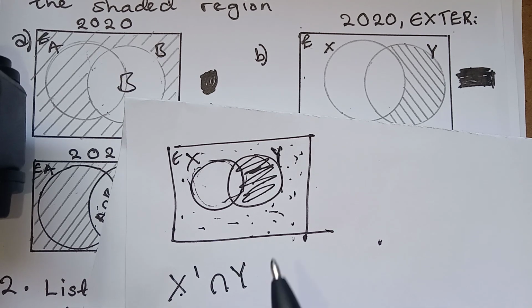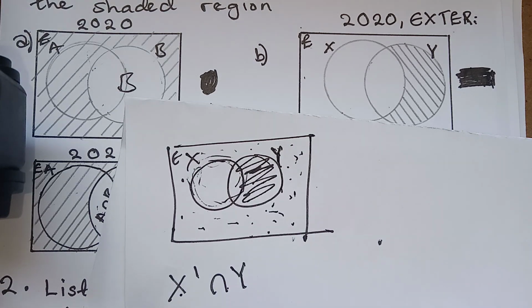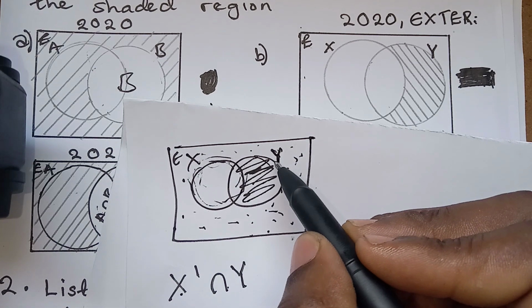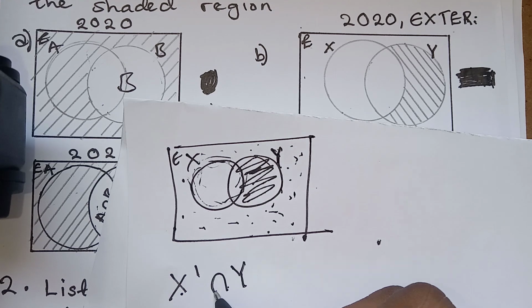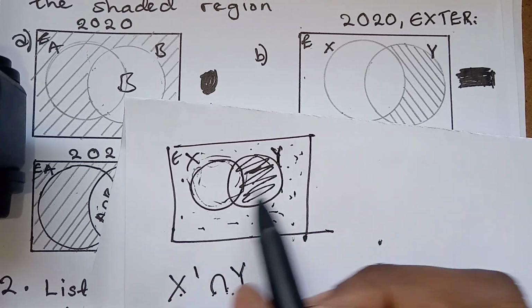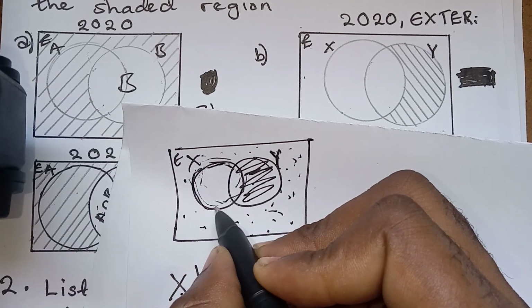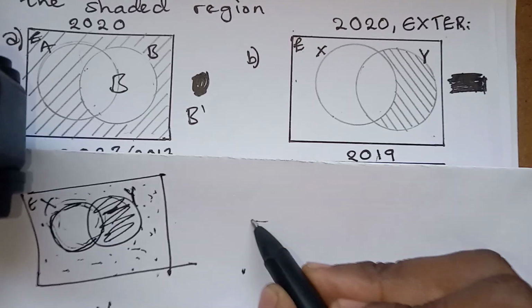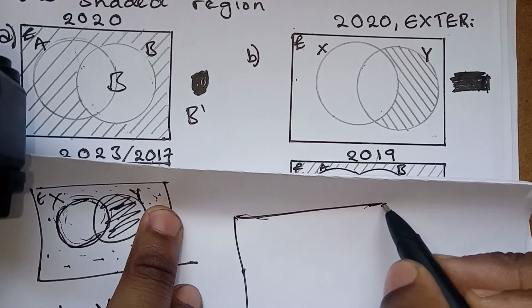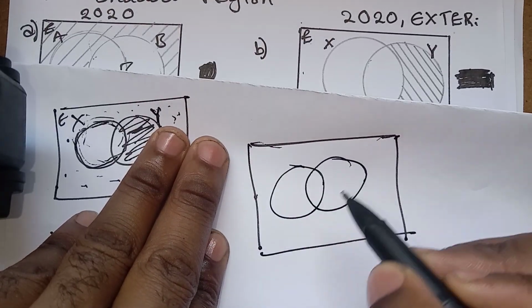In other words, you have all the elements outside X intersecting with all the elements of Y. So when we are intersecting, we only get elements which appear in both sets. If you were to use the shading method, you would have something like this.